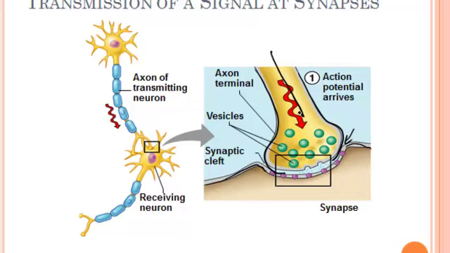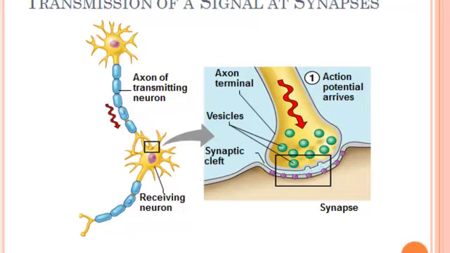So we have an electrical signal coming down here. It comes to the end of the axon, and this electrical signal can't jump across this little space. So now we're going to change into a chemical signal using what's called neurotransmitters to stimulate this next nerve and continue the signal along. Okay, this little space is called the synaptic cleft, where the two come together.